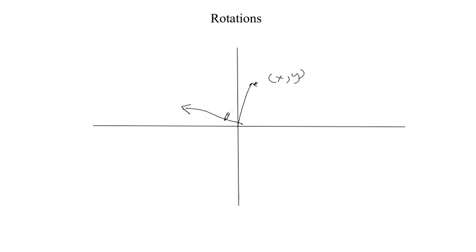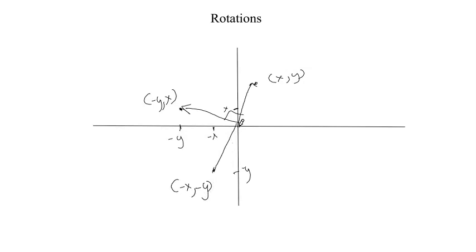So you end up rotating this point 90 degrees to get this point. This point is (negative y, x). Now, if we were to rotate that point an entire 180 degrees, then we would get the point (negative x, negative y).